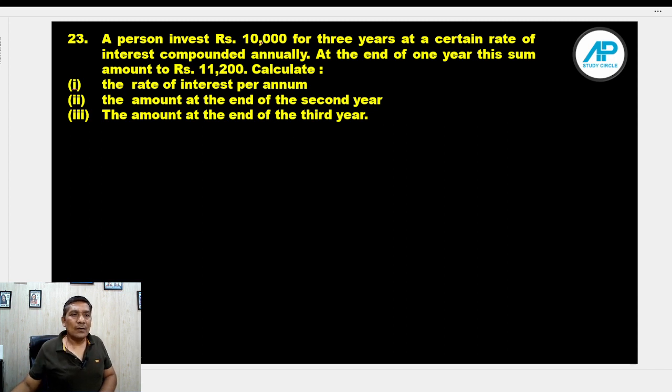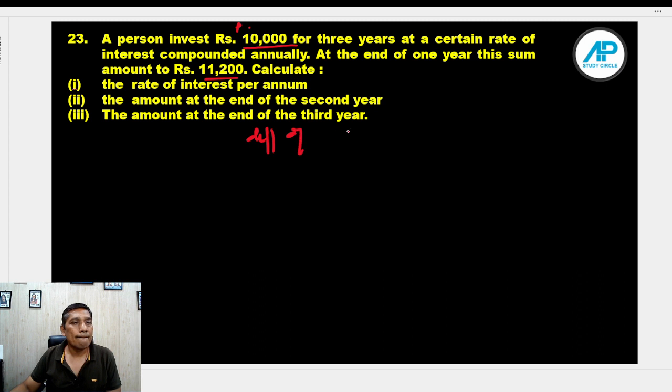So you can see one thing very carefully here: 10,000 rupees is the principal and 11,200 is the amount. In such questions, wherever we get the value of principal and the amount at the end of 1 year, we should find the difference of amount and principal.